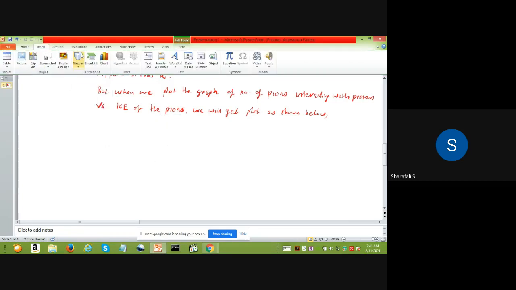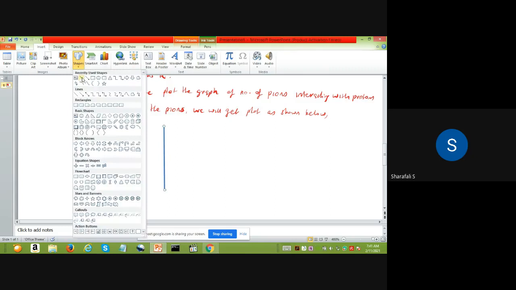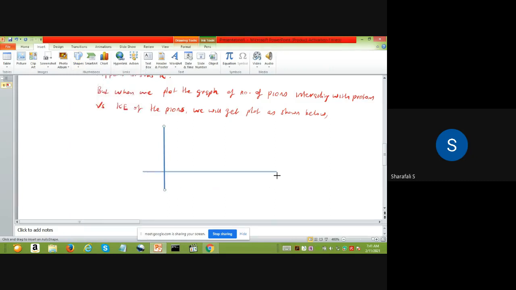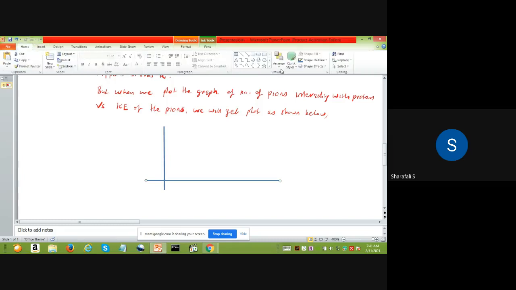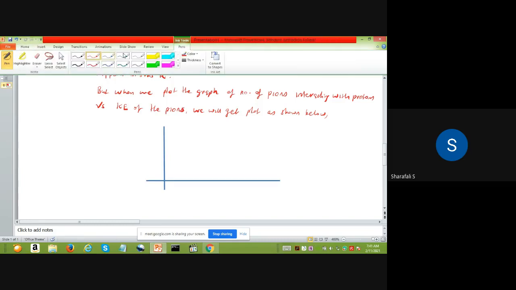Consider the y-axis and the x-axis. Here we have the number of pions interacting with protons on the y-axis, and here we have the kinetic energy of those pions.